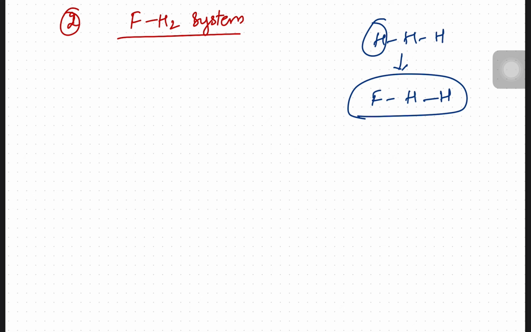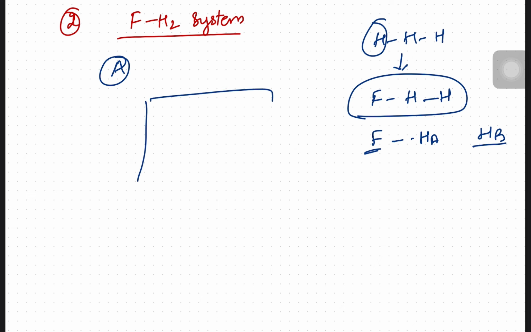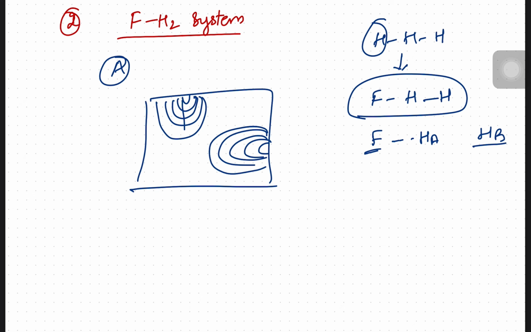Now in this we know that the trajectory that would be followed is trajectory A, because fluorine is more electronegative and it will easily form a bond with HA, and HB will leave out. So the contour map for this is just the A trajectory.